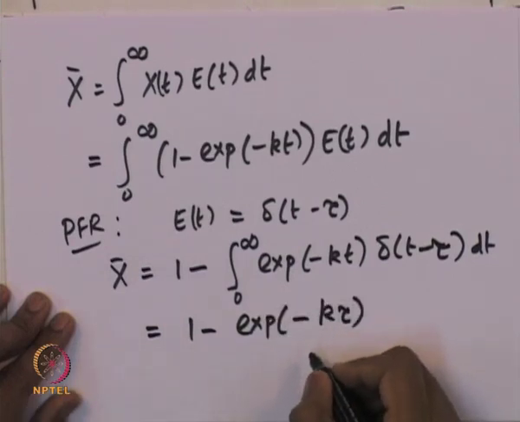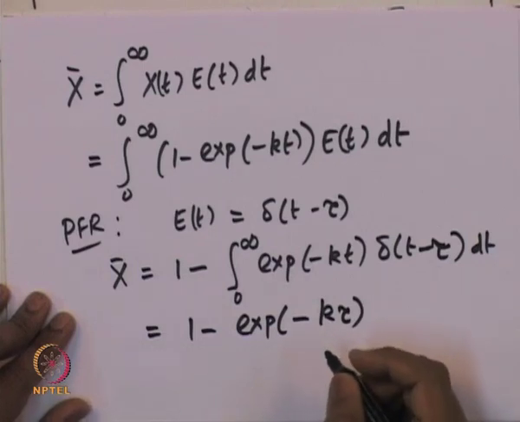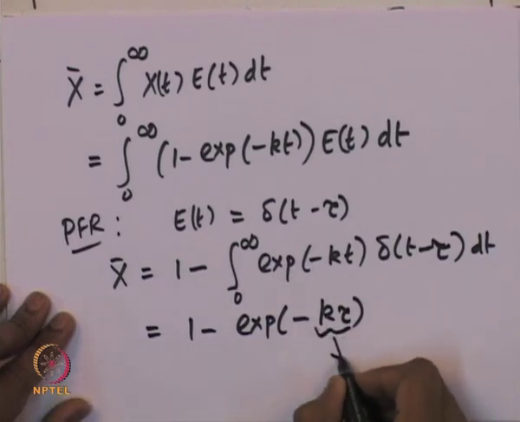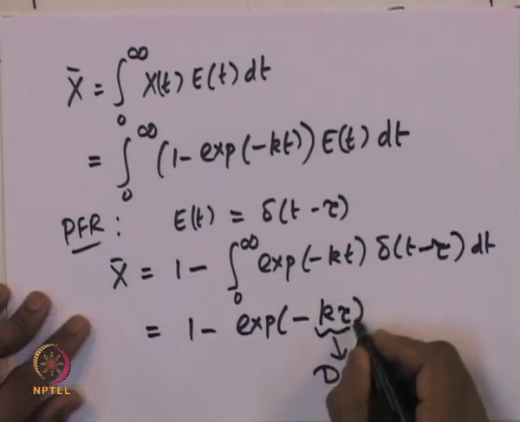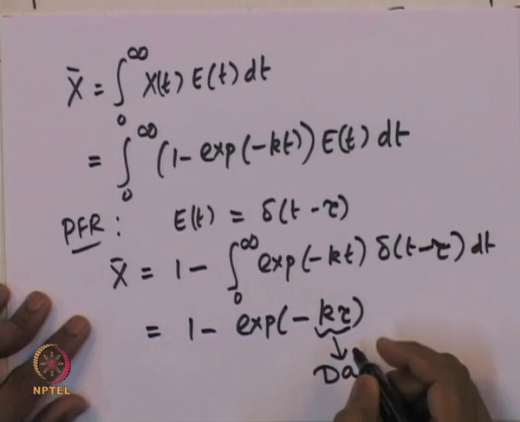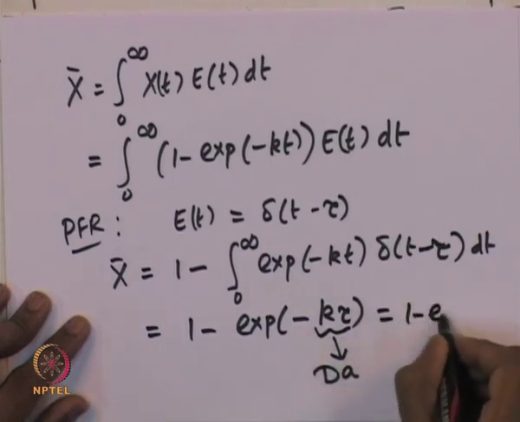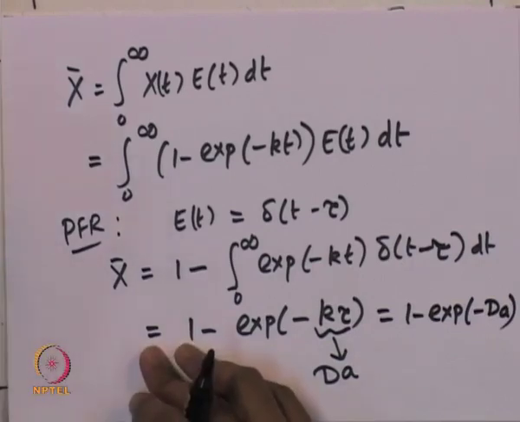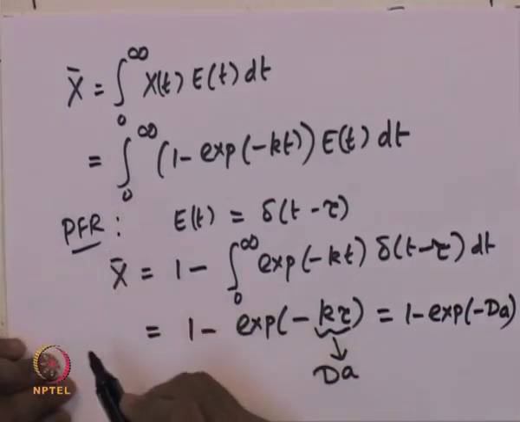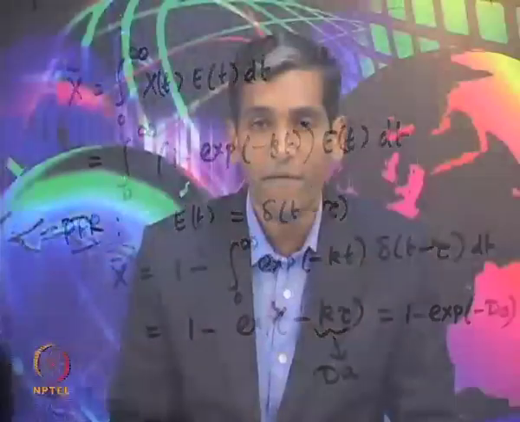And k into tau is essentially the dimensionless quantity called the Damköhler number. This is the Damköhler number, which is the ratio of the space time to the reaction time, and so we can write this as 1 minus exponential of minus Da. So that's the mean conversion that would be achieved if it were an ideal plug flow reactor.